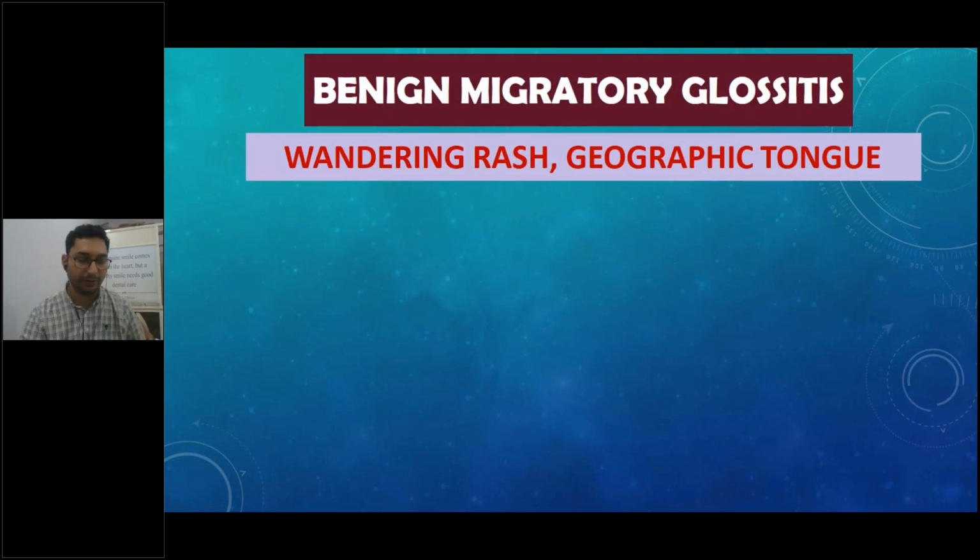Next is benign migratory glossitis. As the name indicates, benign migratory means it is moving. Glossitis means inflammation. Wandering rash, same thing, it is moving. Geographic tongue, because wherever there is inflammation or depapillation of the tongue, it gives an appearance of some map of a country, right? So geographic tongue.